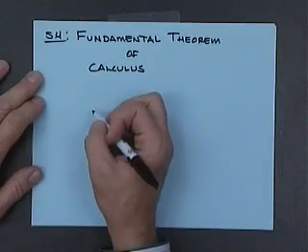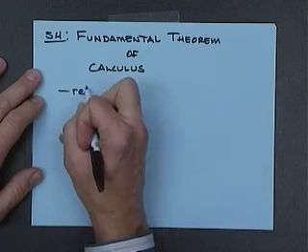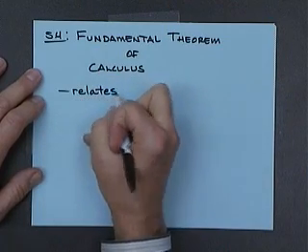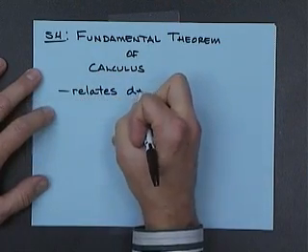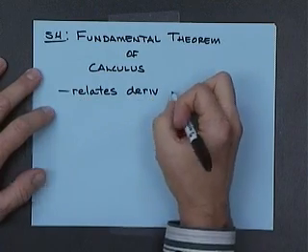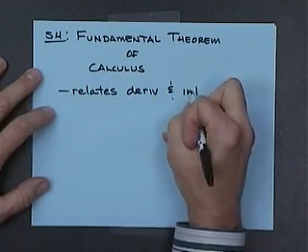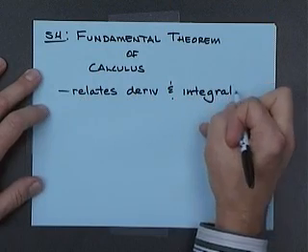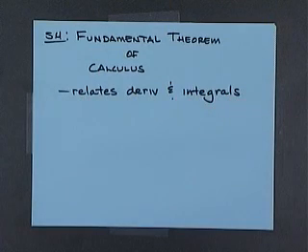That's why it's called fundamental. So it relates derivatives and integrals. We've kind of tried to undo the derivative process by integrating and vice versa, so we know they're inverse operations of one another.